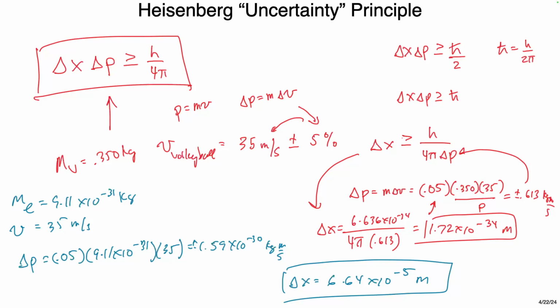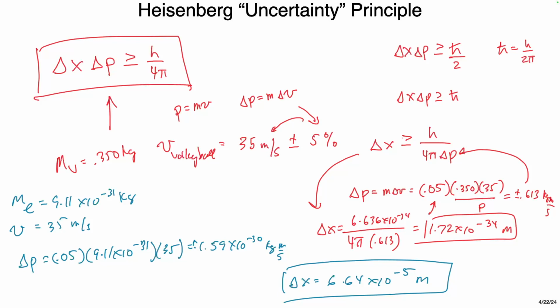So for the nucleus of an atom, looking at an electron, the electron's going fast, but plus or minus 5%, they know a lot about how fast that electron is going. They're 95% certain how fast that electron is going.